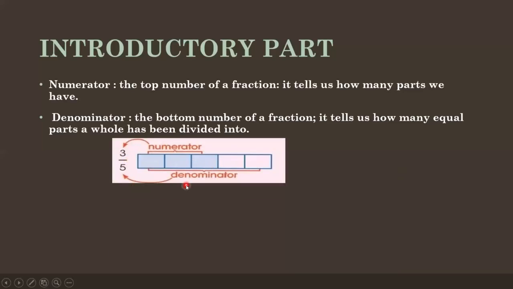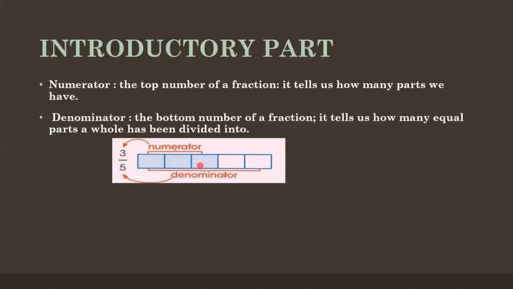Now, this is how a numerator and denominator can be recognized when a pictorial representation is given. See here, a bar diagram is divided into 5 equal parts, where the first 3 parts have been shaded. So the first 3 parts shaded means 3 parts belong to us, and the rest of the 2 is not shaded, so it is not included.